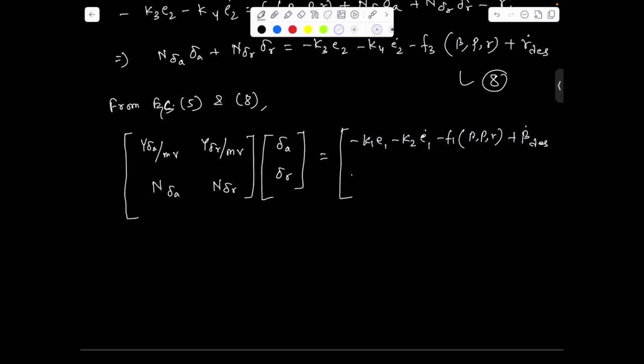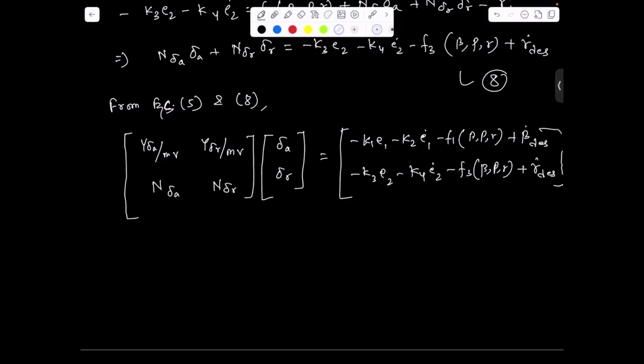And for the second equation, minus K3 E2 minus K4 E2 dot minus F3 beta PR and plus r dot desired.